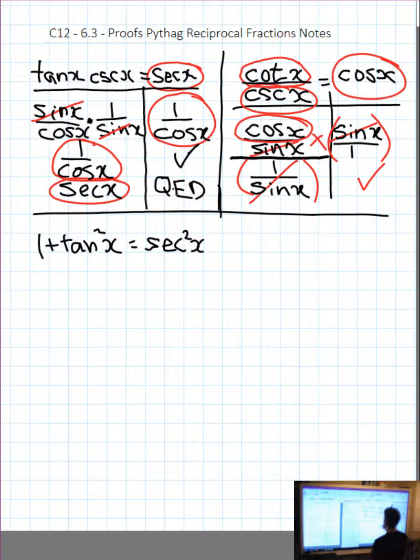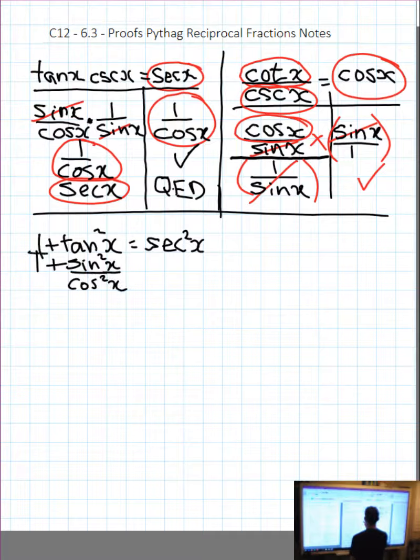So let's go a little bit faster. So 1, I'm going to leave it, 1 plus tan squared x is sine squared x over cos squared x. I forgot my t. I'm going to draw in my t. And notice I don't really like to waste too many lines. I did above, but I'm not going to this time.